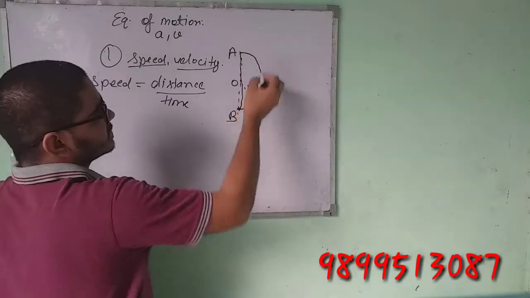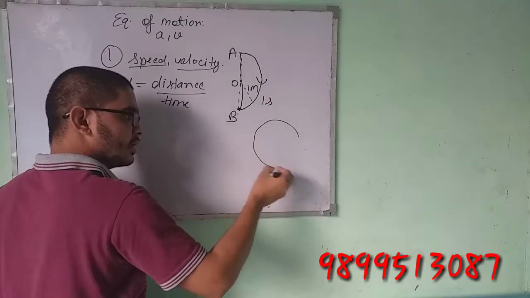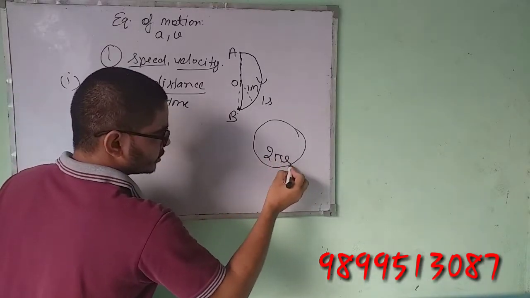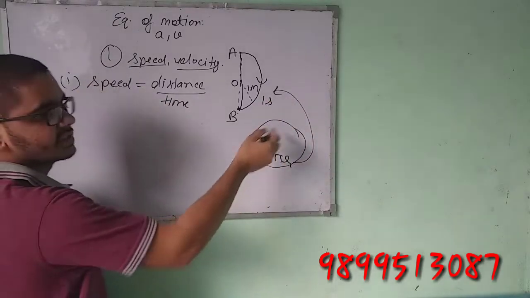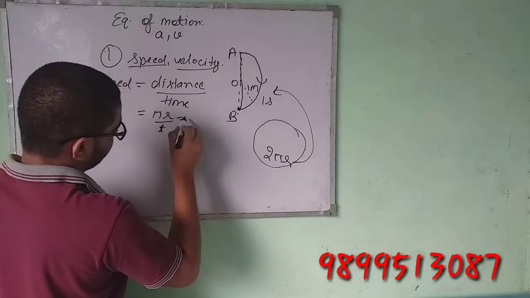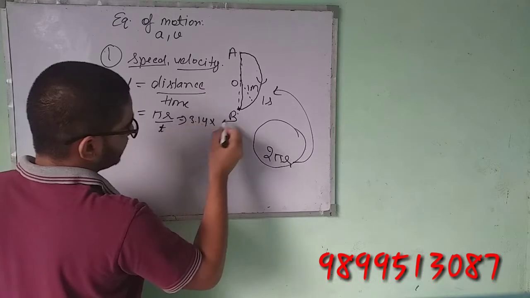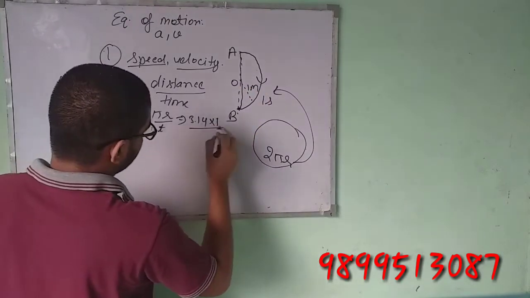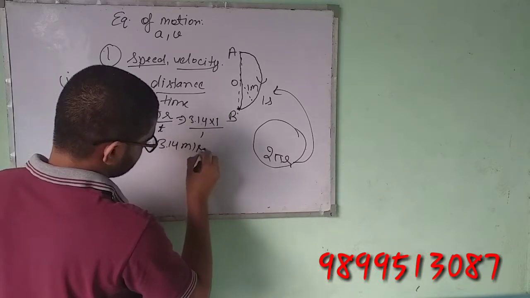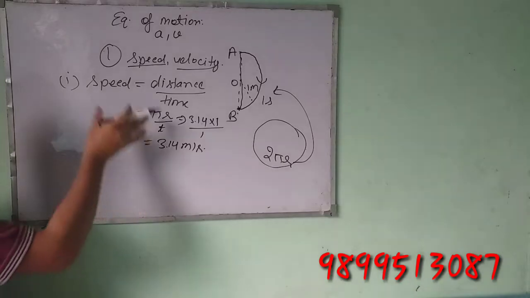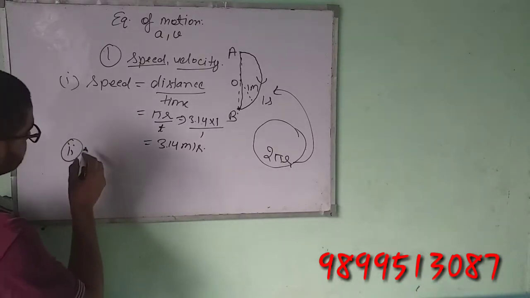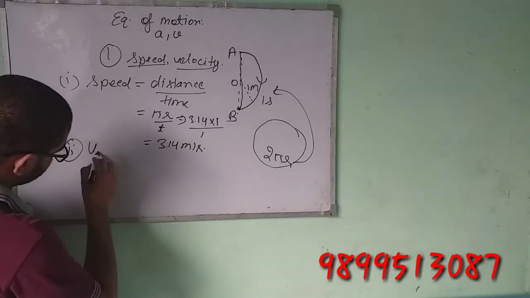Since the circumference of a circle is 2 pi r, in our case this will be half of it, which is pi r, over time. Pi is 3.14, r is 1 meter and time is 1 second, so it turns out to be 3.14 meter per second. This one is speed.